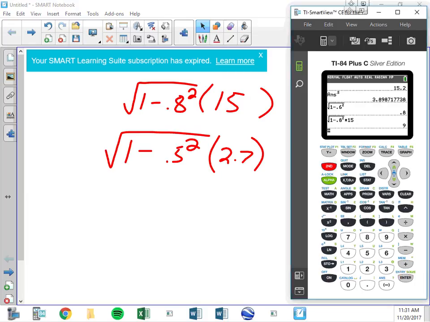So 2.33. If a father is 72 inches tall, predict his son's height.